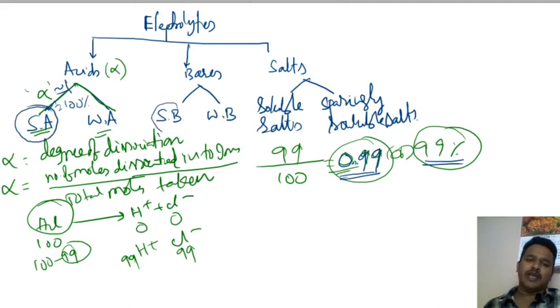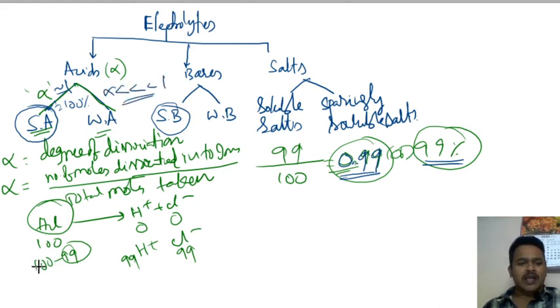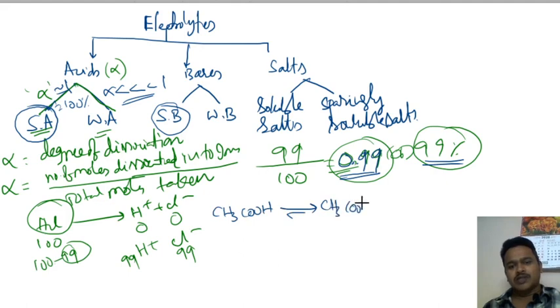Base also, same thing. For weak ones, the alpha value is very much less than 1. For example, CH3COOH converts into CH3COO minus and H plus. It is very weak.